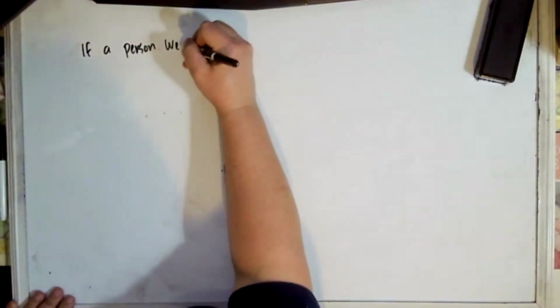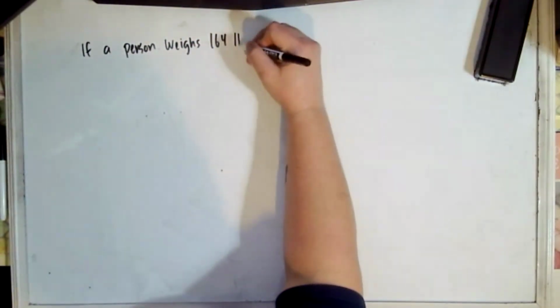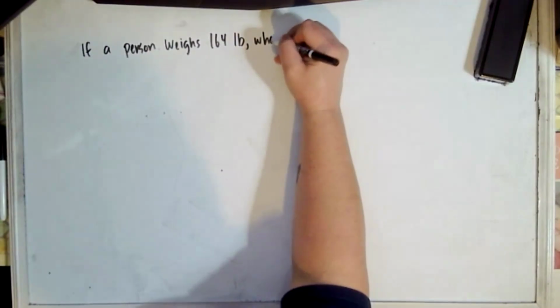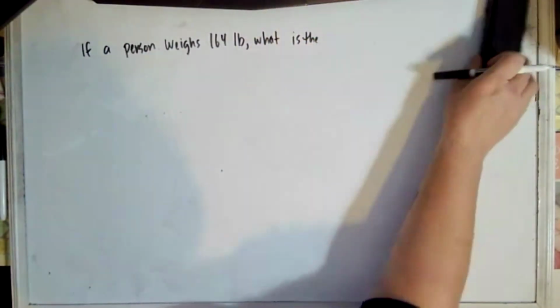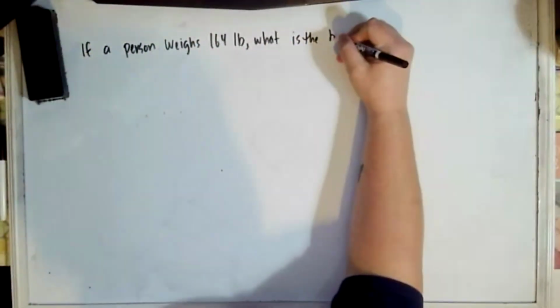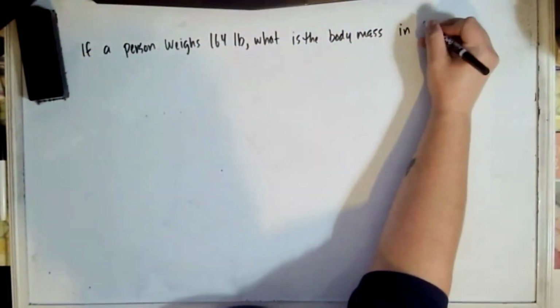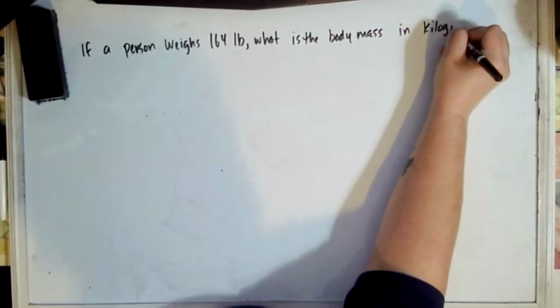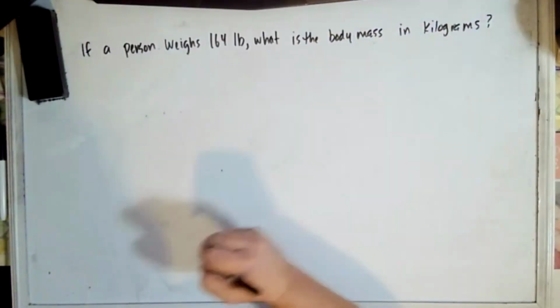So if a person weighs 164 pounds, what is the body mass in kilograms? Okay.